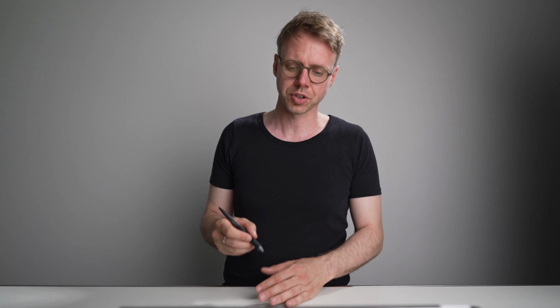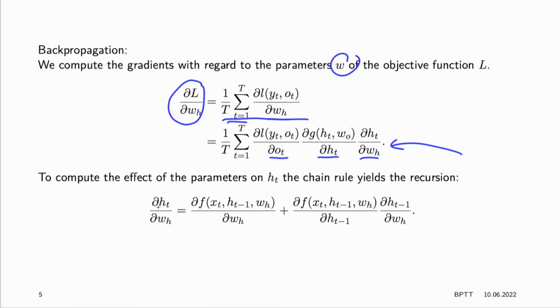If we compute the derivative of this last term, dht over dWH, using the chain rule, we get the following recursion. dht over dWH equals the derivative of f of xt, ht minus 1, and the weights WH with respect to WH, plus the derivative of f of xt, ht minus 1, WH with respect to ht minus 1, and then we need to use the chain rule, so we get dht minus 1 over dWH.